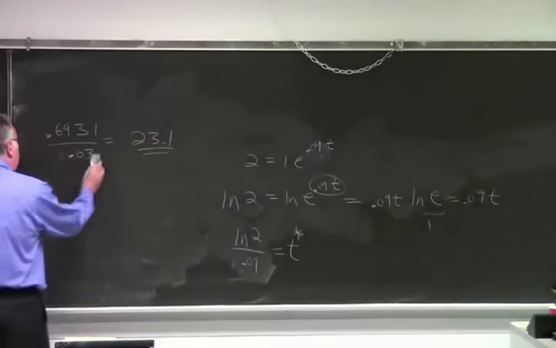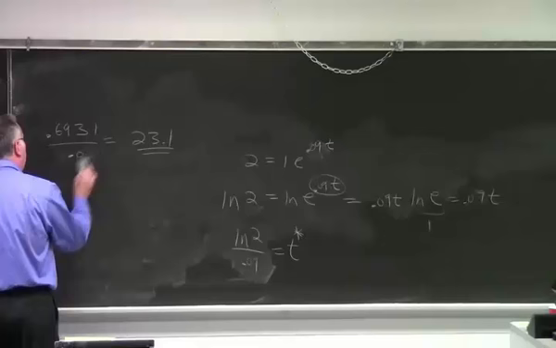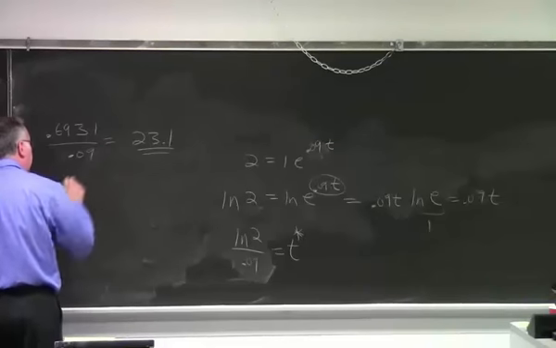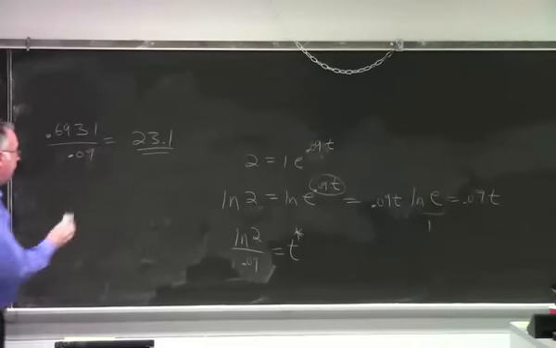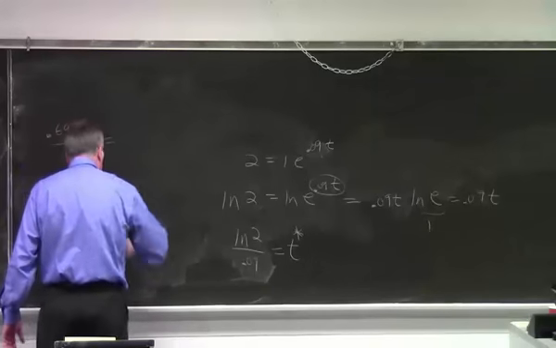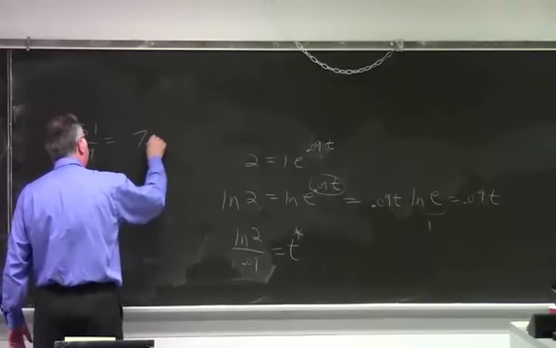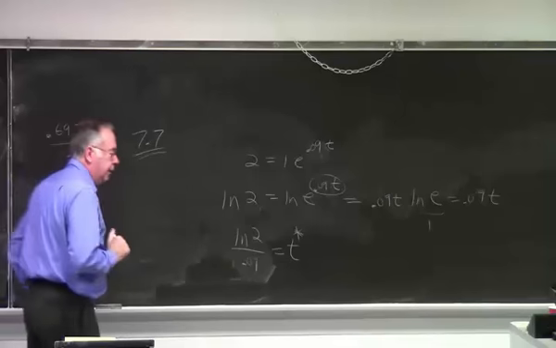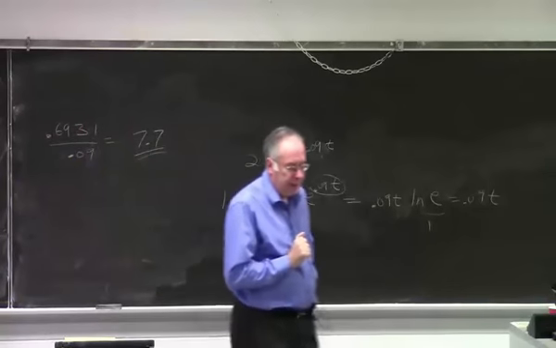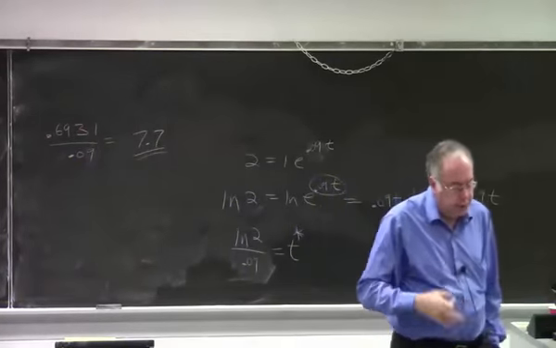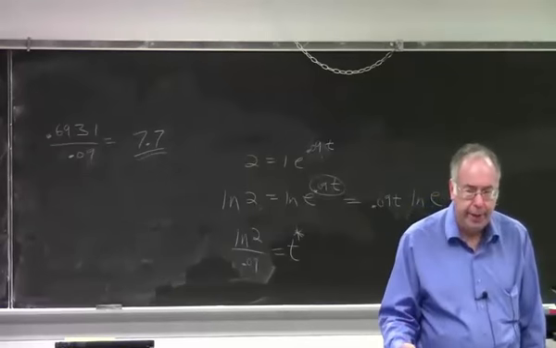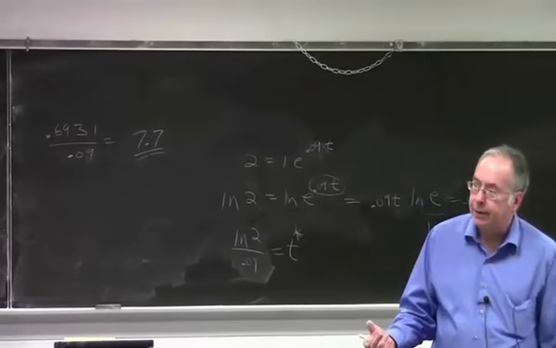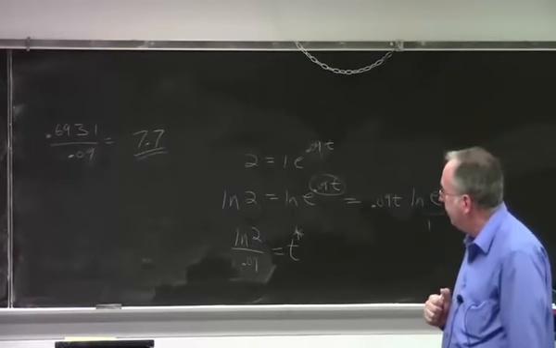And now, what does your answer give you, Heather? That's much better. 7.7 years. So that shows you the power of compound interest at higher interest rates: dramatically shorter time.